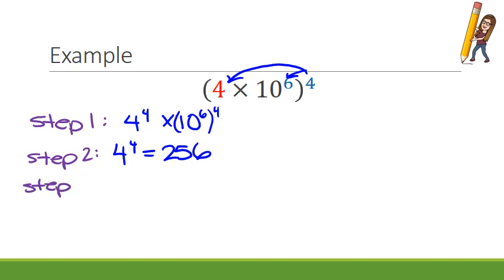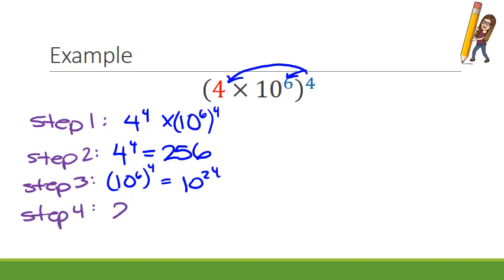Step 3, we want to multiply the exponents. So if I have 10 to the 6th to the 4th, that becomes 10 to the 24th. It's a big exponent. Step 4, let's put our pieces back together. I end up with 256 times 10 to the 24th. Now, is my number between 1 and 10?